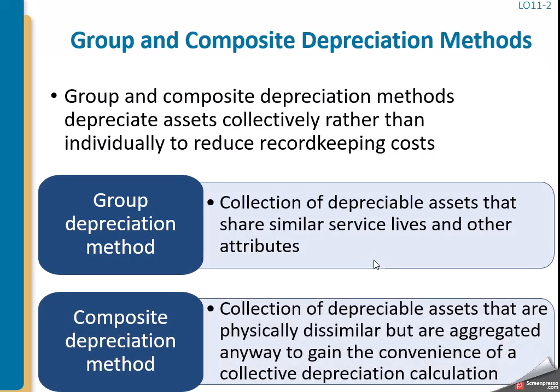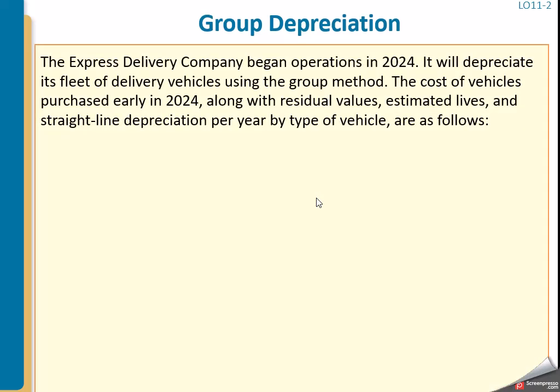Then this is the group method, or the composite method. So we're organizing our assets by similar service lives or other types of similar attributes. And then we're going to depreciate the whole aggregate amount. So we're not doing it individually.